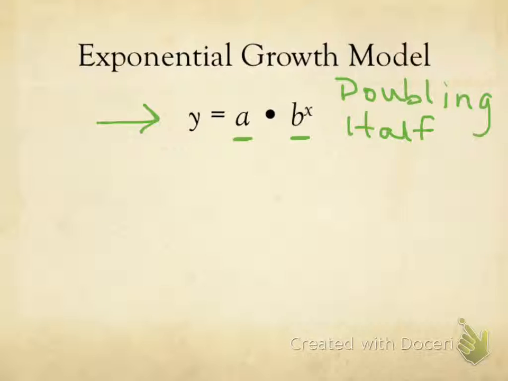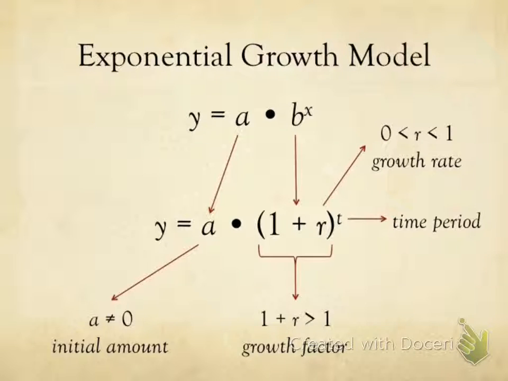But that's not usually how exponential growth or decay are actually communicated. Usually, instead, they tell us that things are growing or decaying by a certain percent. So a certain rate of growth or rate of decay.